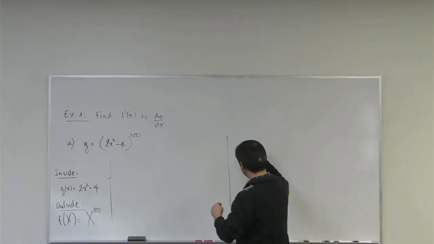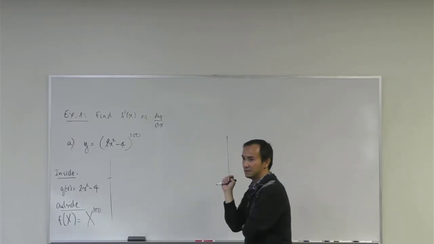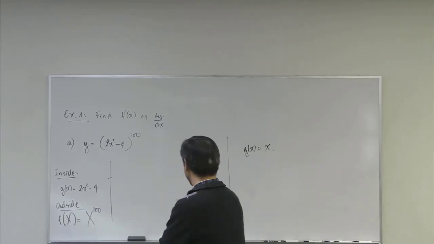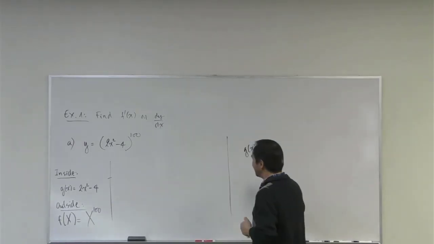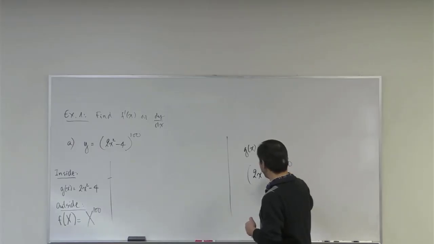Well, before I go too far, think about it. I said the inside, you recognize on your own. A lot of times people think as simple as x. The x can be just the inside function. But is that really useful? Because if x is the inside, your whole function, 2x² − 4 raised to the power of 100, becomes the outside f of x.